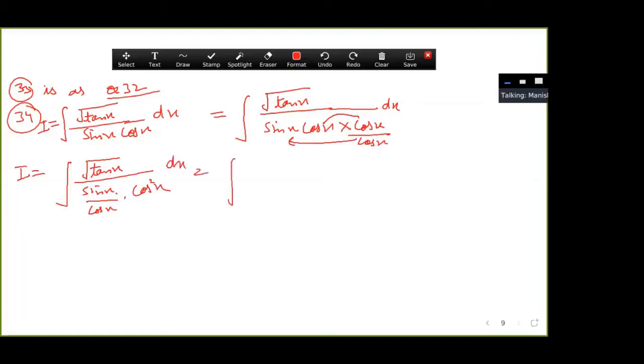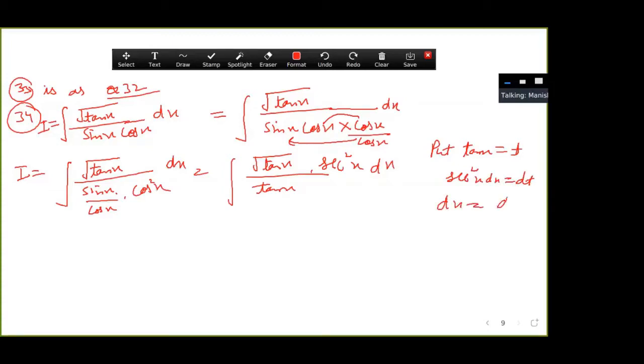Now it becomes root tangent x upon tangent x, because only tangent and secant square x dx are required. Now you can put tangent x equal to t. It becomes secant square x dx equal to dt, or dx equal to dt upon secant square x.